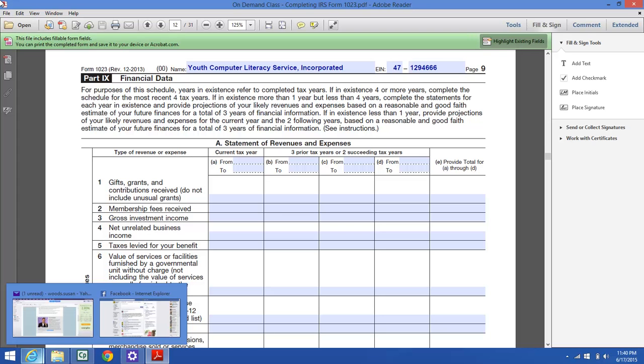Now this goes back to what we talked about in video number 1 when I talked about how to create your financial statement or your financial data. We want to always remember that we never know how much money we're going to get from revenues. We always have to project that, but you should know how much money you need to operate your nonprofit organization because those are your expenses.